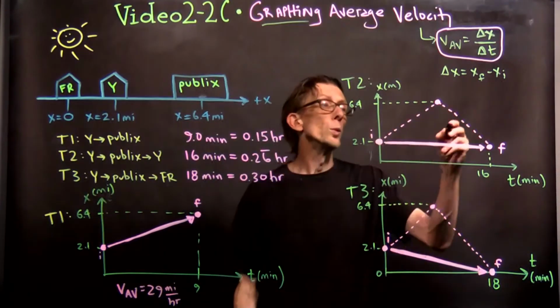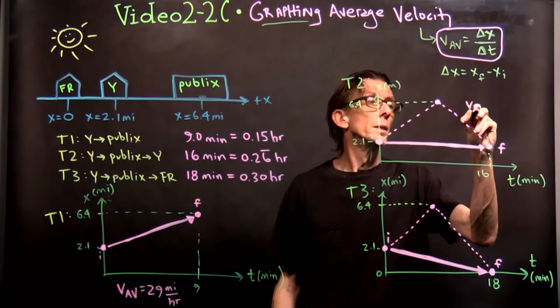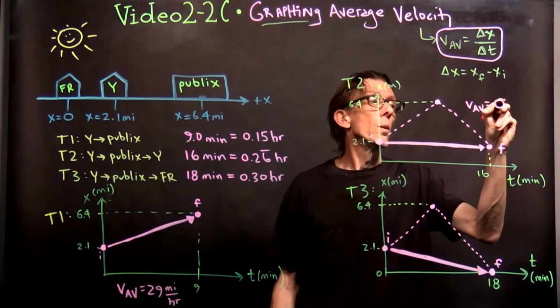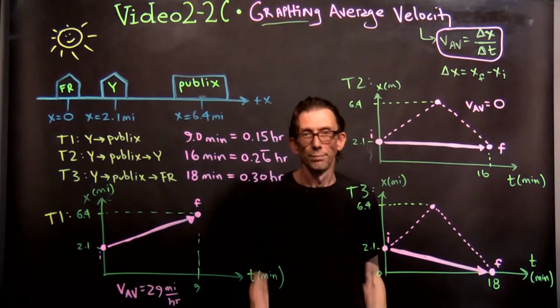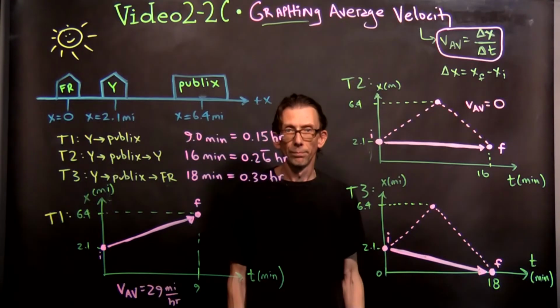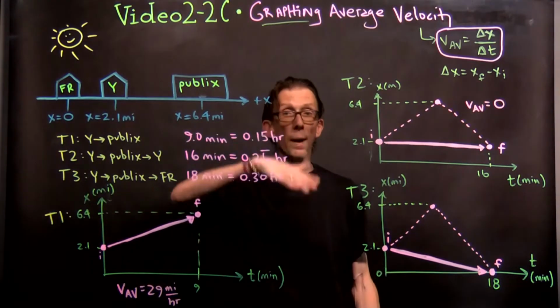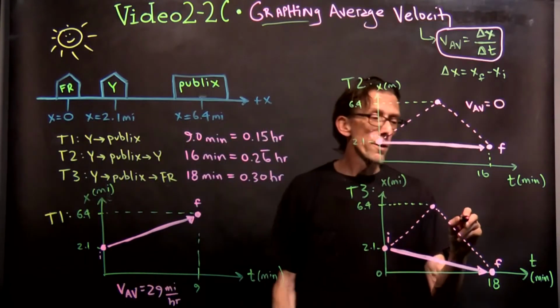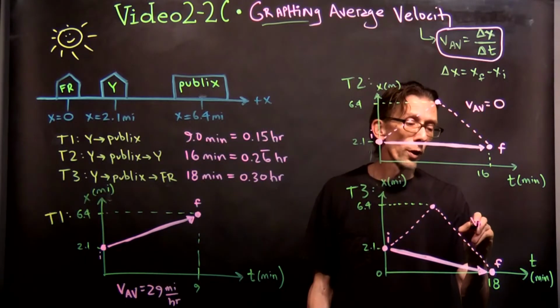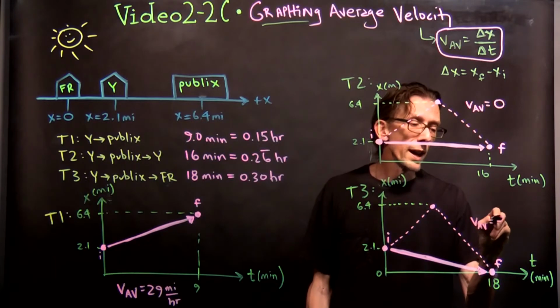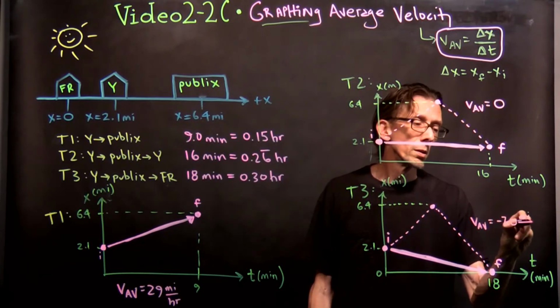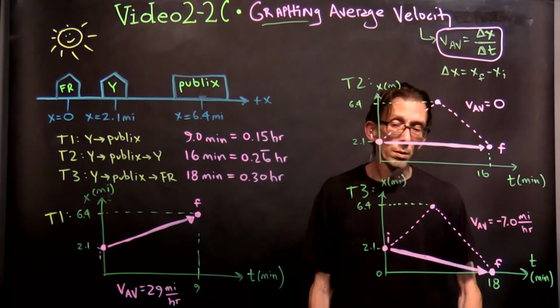Remember that for trip 2, your average velocity was 0. And for the third trip, the average velocity was negative 7.0 miles per hour.